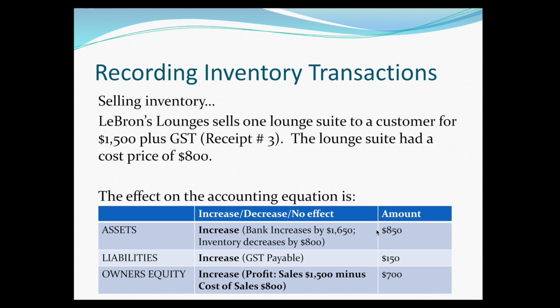So of course, you have to balance it out on the equity section with 850 as well. So the only liability here is GST payable, which is $150, and then owner's equity, which is $700, because that's the residual amount that you have, like profit. It's not really profit, but it's a form of owner's equity slash capital.